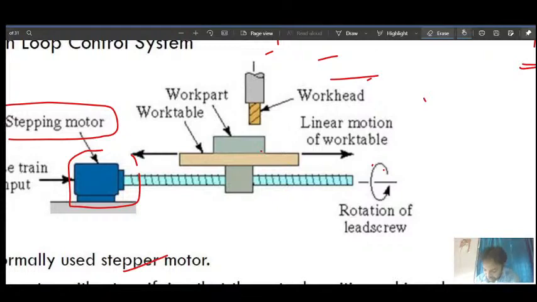See, suppose the table is at this point here. Okay, now you want to move the table position here at this point. So what will you do? You will give some pulse train.